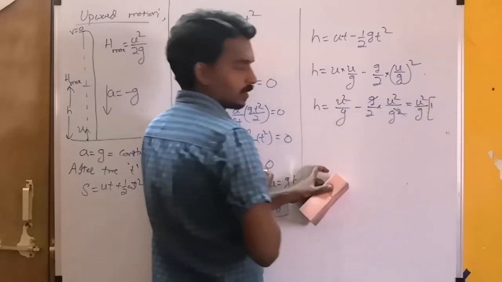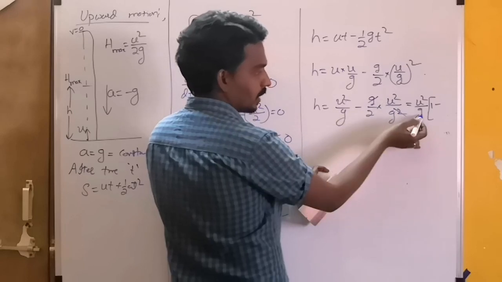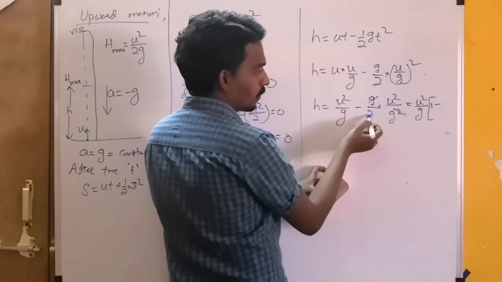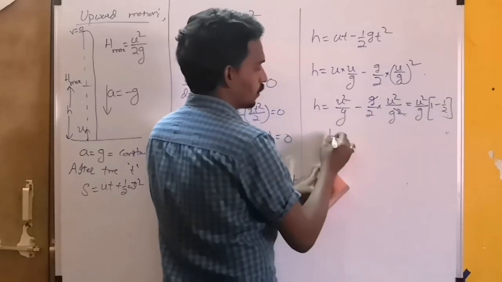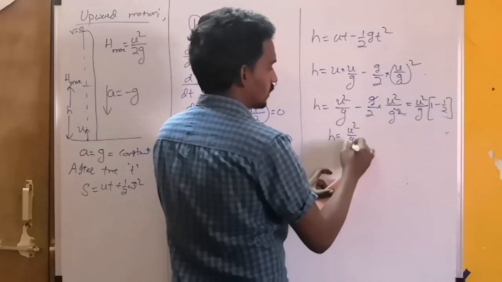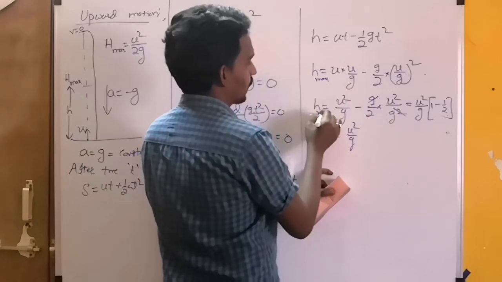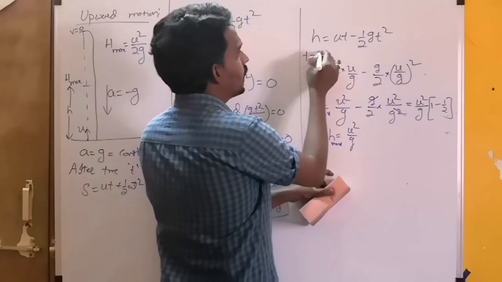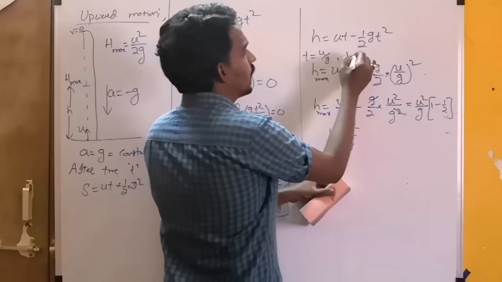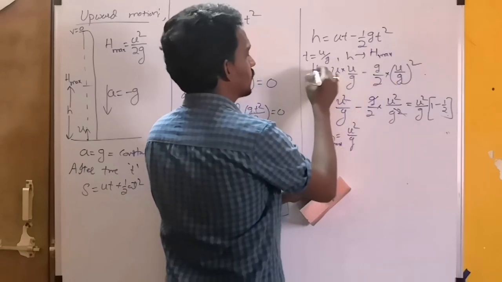So 1 remains minus, here u square by g I took common, so what will be left? 1 by 2. So 1 minus 1 by 2. So u square by g, better to write h maximum, because at t equal to u by g, h will become h maximum, capital H.